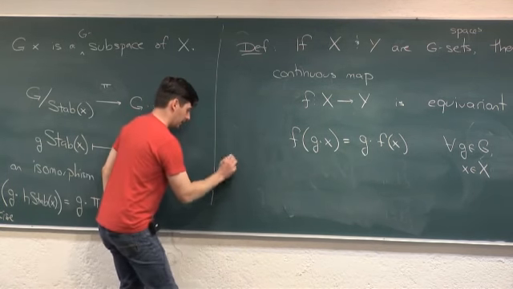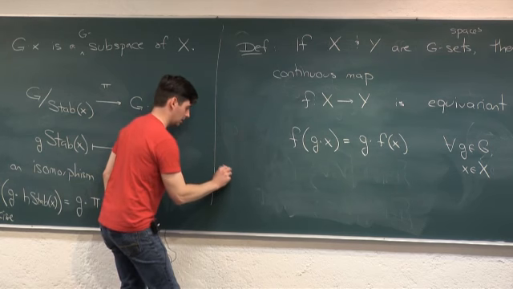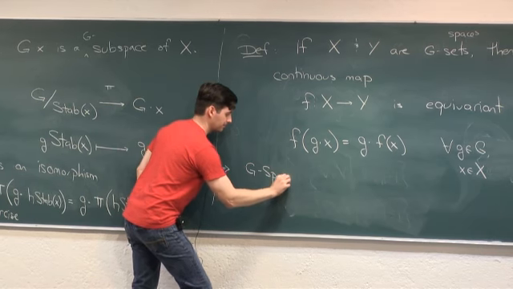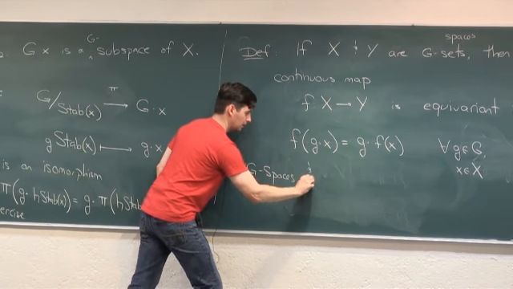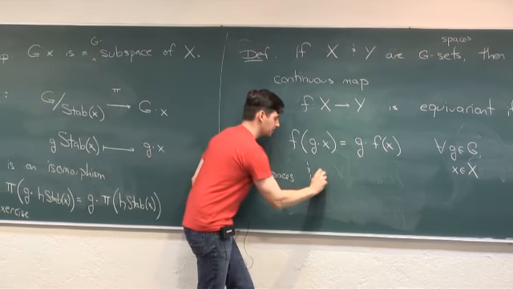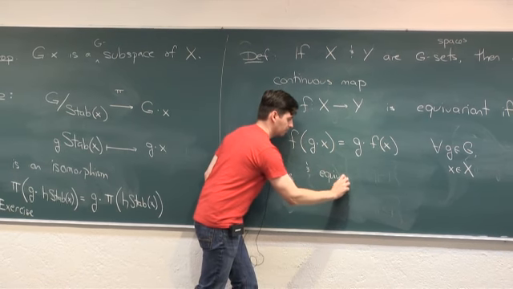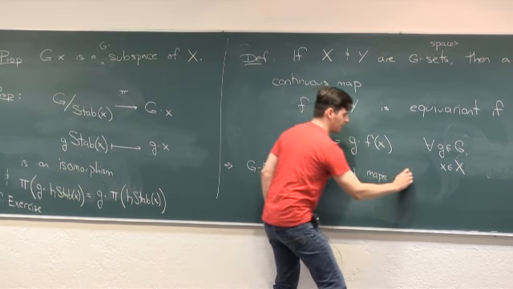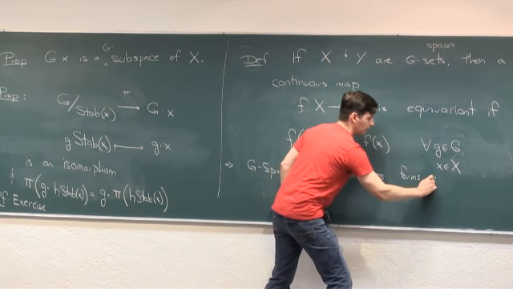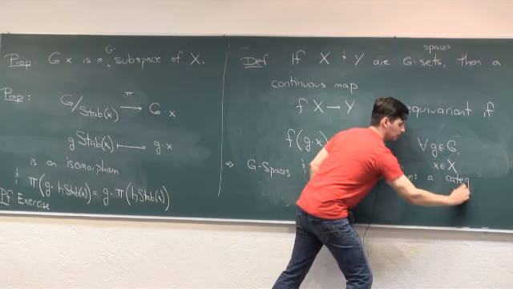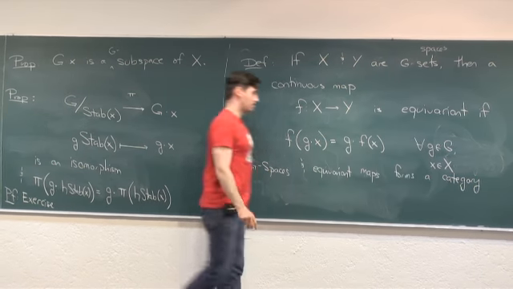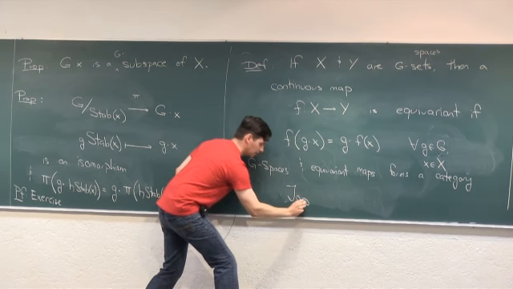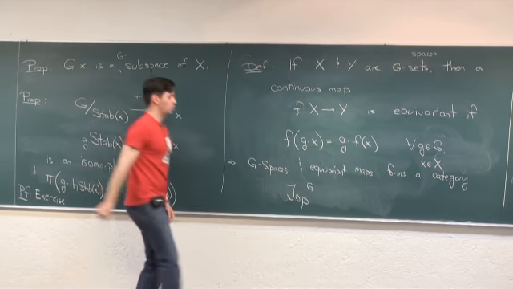So the collection of G spaces and equivariant maps forms a category, and I'll try to consistently refer to it as Top G.